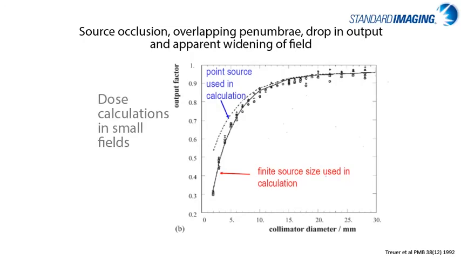This graph is another example of this same effect, where our dose calculations in small fields do not follow the ideal point source assumption often made in our theoretical systems, as shown by the red font and corresponding curve, as compared to the blue font as determined with the ideal point source.